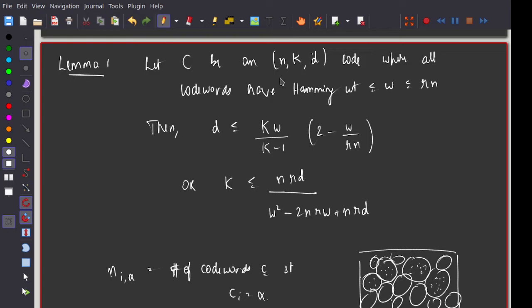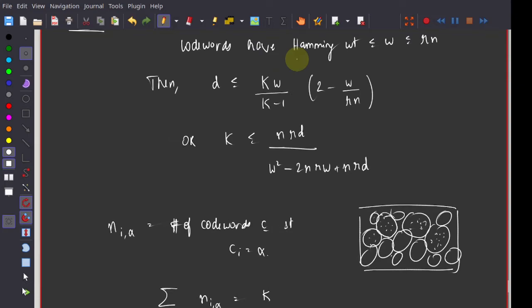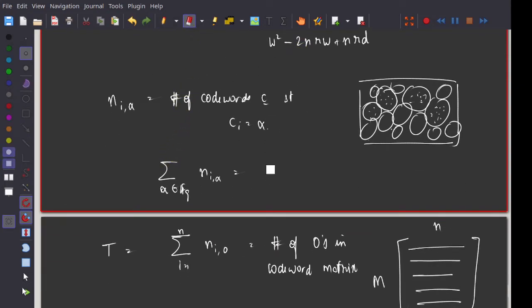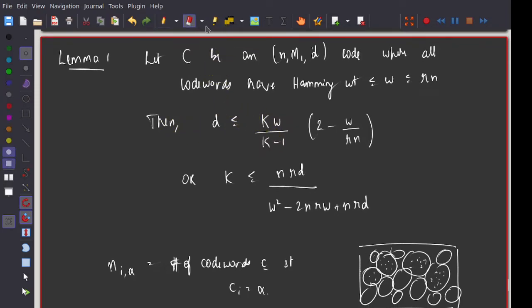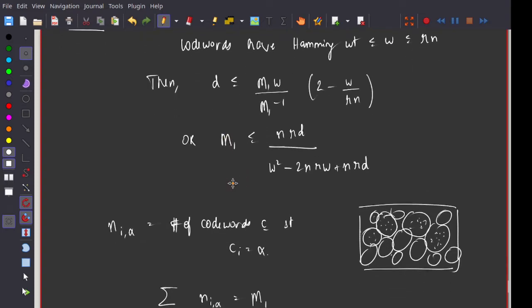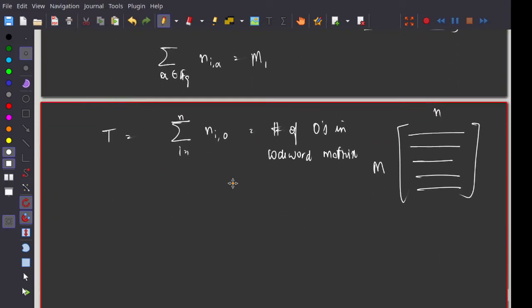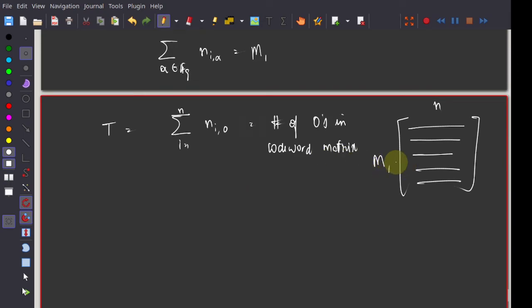M1 is better. Okay, M prime. Okay, M1. This is fine.